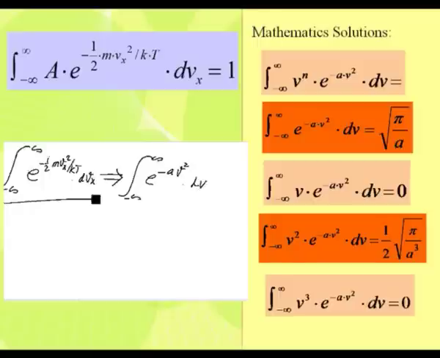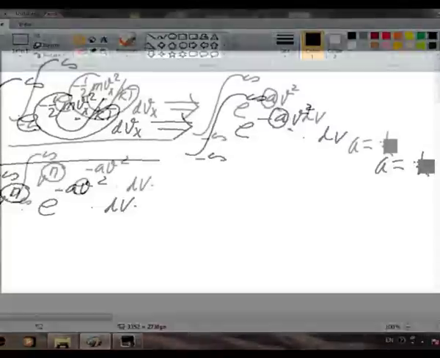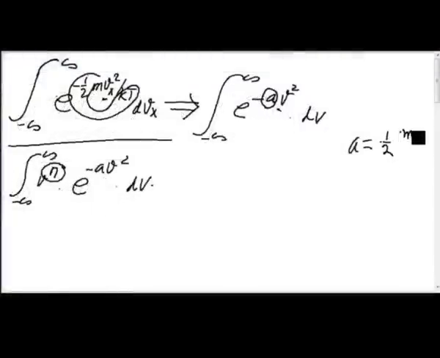We remember the mathematics solution: when we have an equation like this, e to the minus A V squared dV, have a look at A over here and V over here. So A is equal to minus a half m per kT.